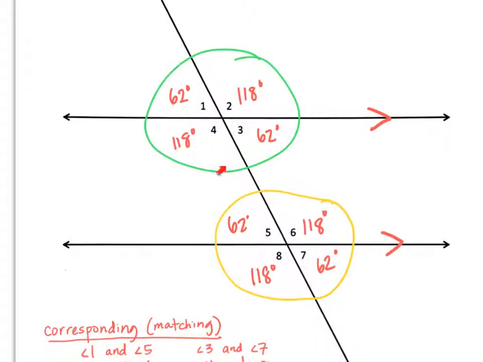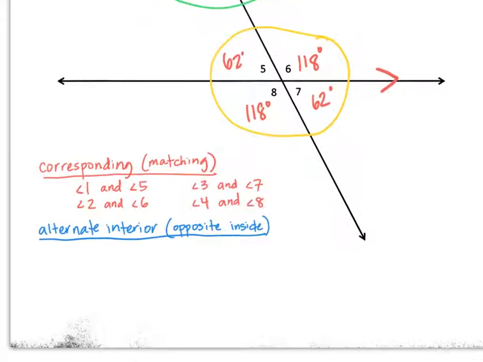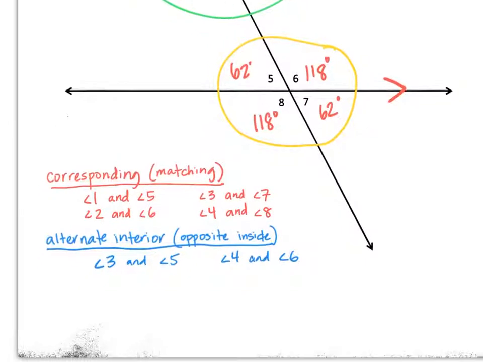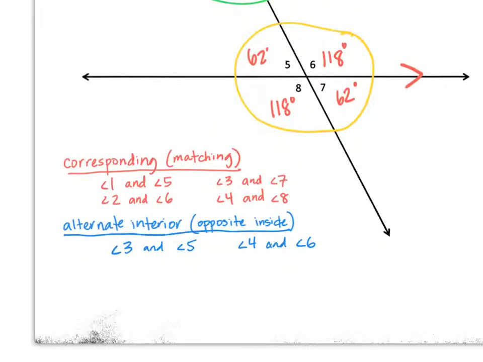Look, they're equal also, 118 degrees. Angle 3 and angle 5 are also alternate interior, and they're both equal. So I'm going to write those down: angle 3 and angle 5, and also angle 4 and angle 6. Those are also equal, like I said.